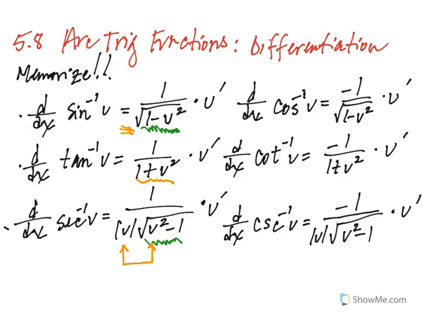All right, let me show you how to use these. Let's say, for instance, that I've got y is equal to the arc sine of negative 3x squared. And I want to derive that. Again, this is the chain rule, so this is my u value in here, the innermost function. Working from the chain rule, you want to work the outermost to the innermost. So first I'm deriving the arc sine of something.